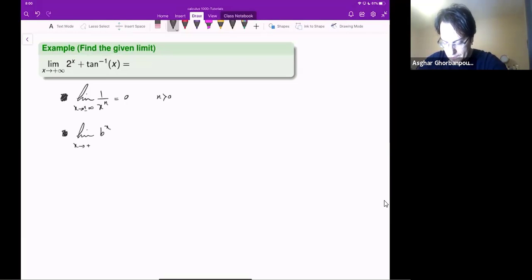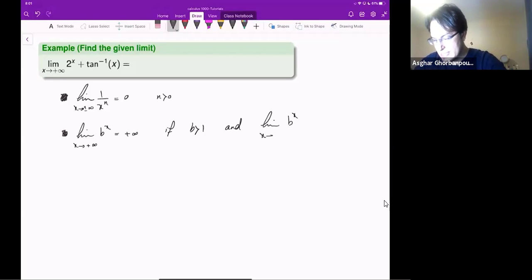exponential function. For the exponential function, b to the power x, as x goes to plus infinity, it is plus infinity if b is a number bigger than 1. And if we are trying to find the limit of b to the power x as x goes to negative infinity, this is going to be 0 for b bigger than 1.